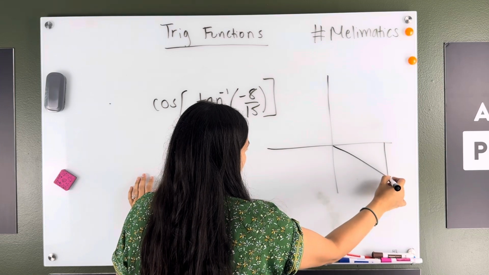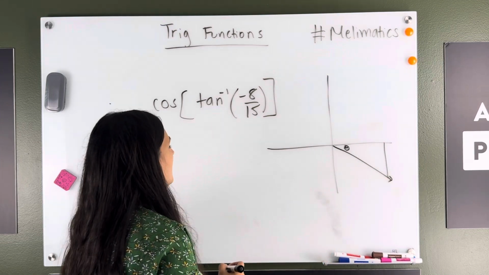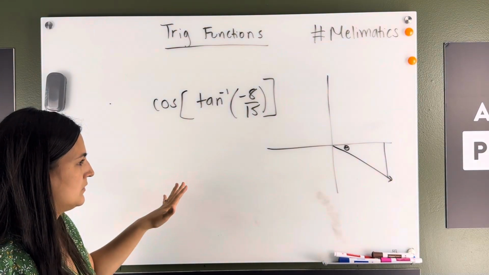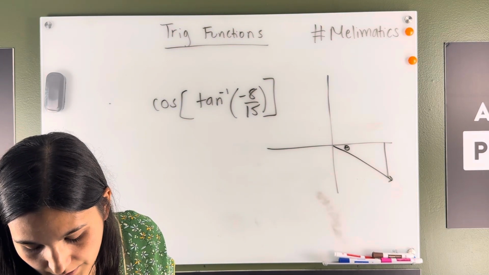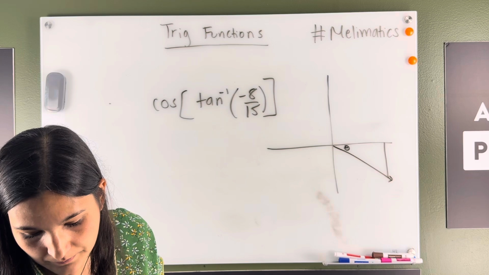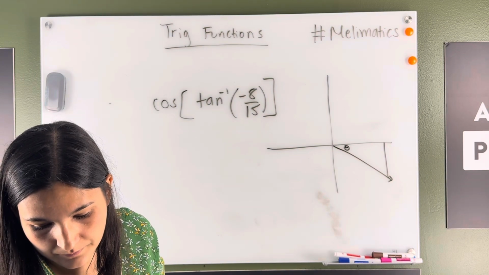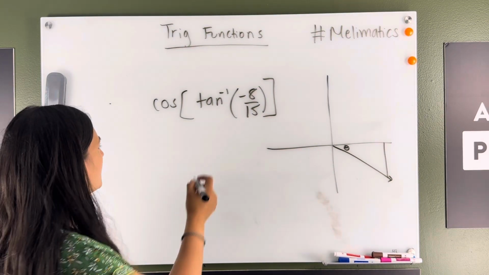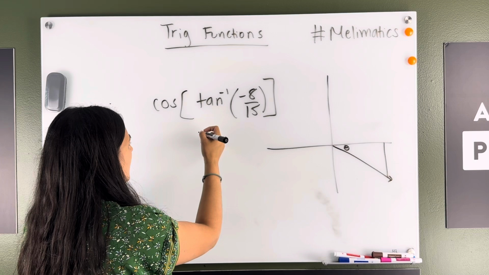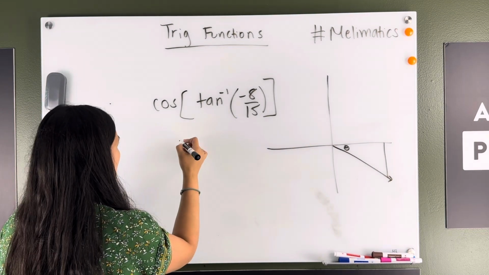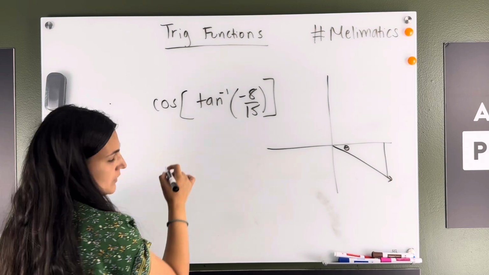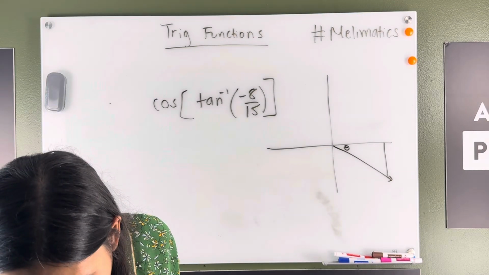So we're going to draw our triangle there and label it according to what's given to us.